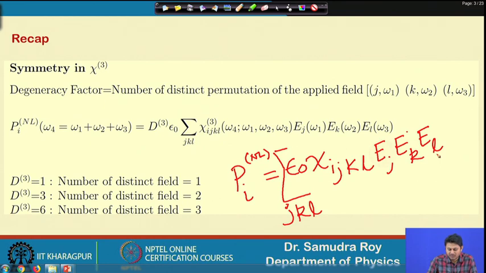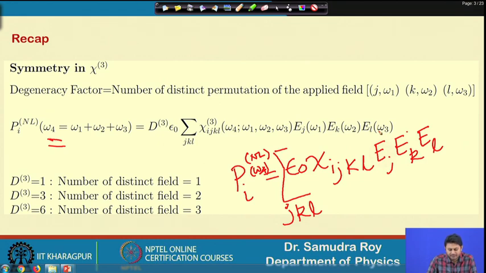Then we will have a frequency component omega 1 plus omega 2 plus omega 3, and we write this frequency component as omega 4. So, P nonlinear at omega 4 will be the multiplication of these terms E j, E k, E l, having frequency components 1, 2 and 3.